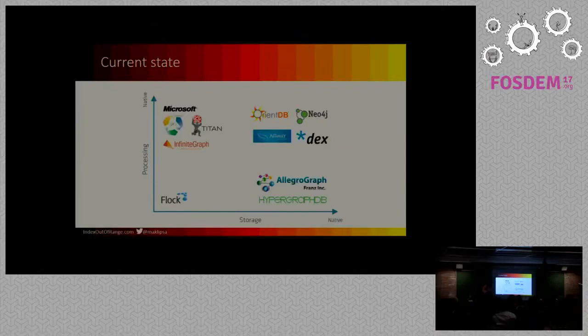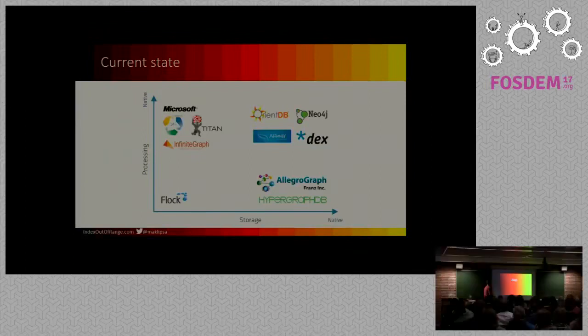Next, Neo4j, and it's not without reason that it's in the top right corner. We'll be seeing a lot of Neo even in the talk later, so I won't concentrate on it. Next, Allegro Graph and HypergraphDB. Those databases are developed with one use case in mind: graph storage, knowledge storage, and going through knowledge.